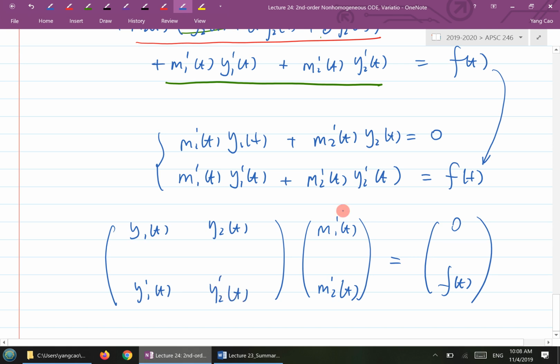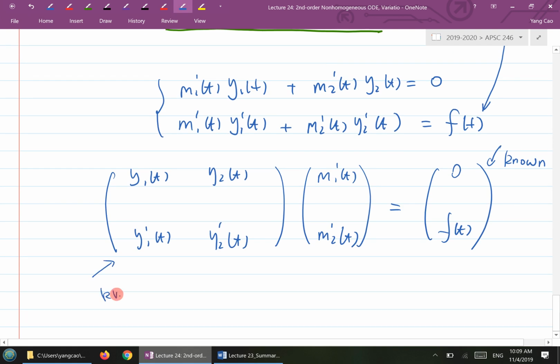The column vector here is m1 prime, m2 prime, the coefficients. The right side is 0, f of t. So remember this is known, so you will be given it based on the function. And this will also be known based on your findings for y1 of t and y2 of t.